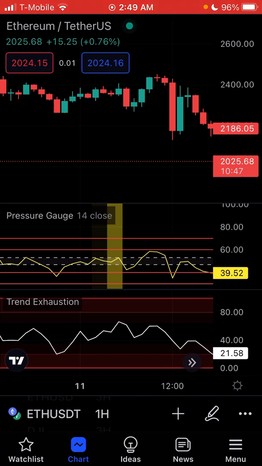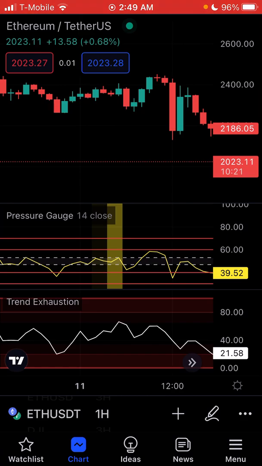The trend exhaustion is really good because it'll show you pretty much when that line is all the way down on the bottom, it's usually the bottom of a market, usually, not all the time. And at the top, it's usually time to sell, when the market's going to go down. So if it's down there on the bottom red, time to buy. On the very top, it's time to sell.